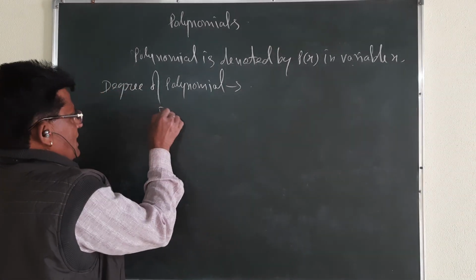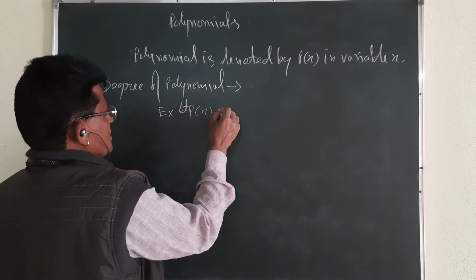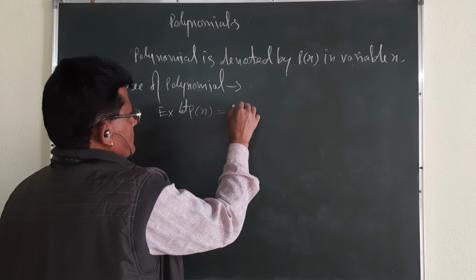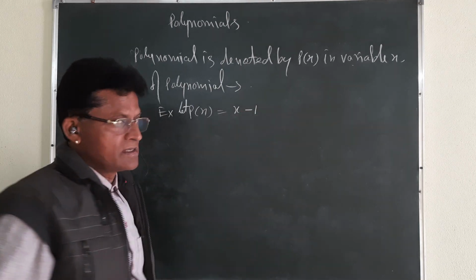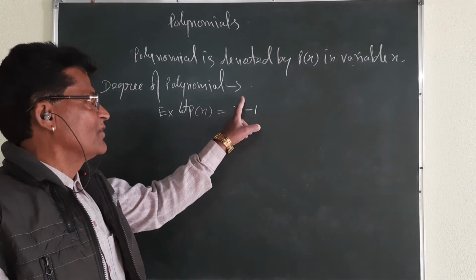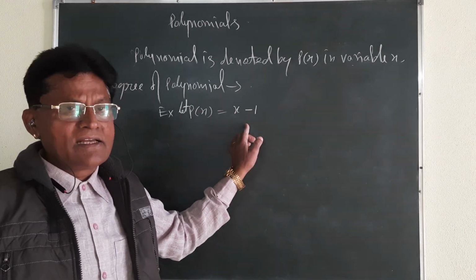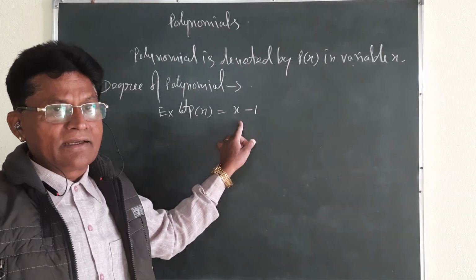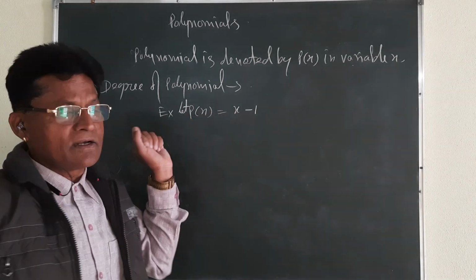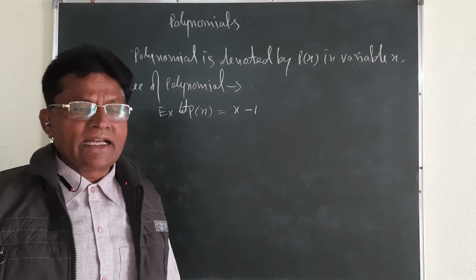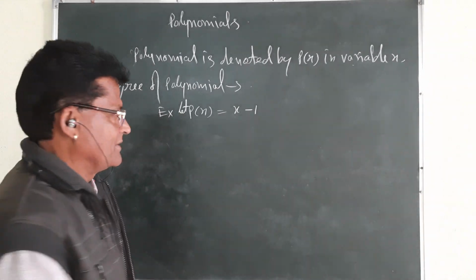Let me take the example p(x). Let p(x) is equal to x minus 1. Tell me the power of x. Power of x is 1. There is no other x, only one x is given over here. This is the polynomial in variable x. Its power is 1, that is why this is the highest power of it. Its degree is 1.